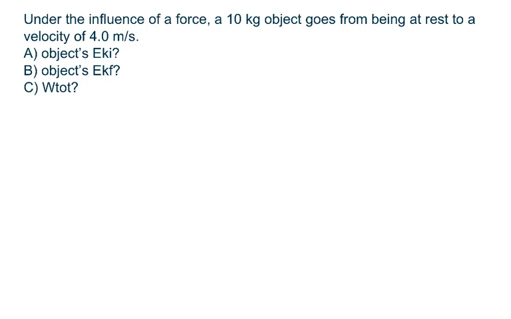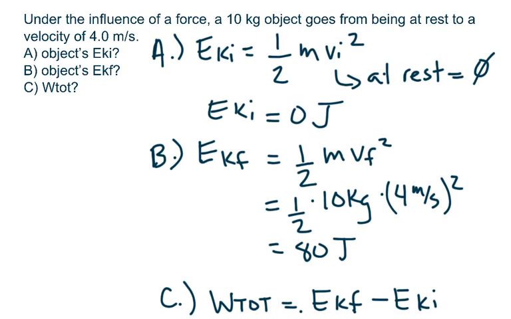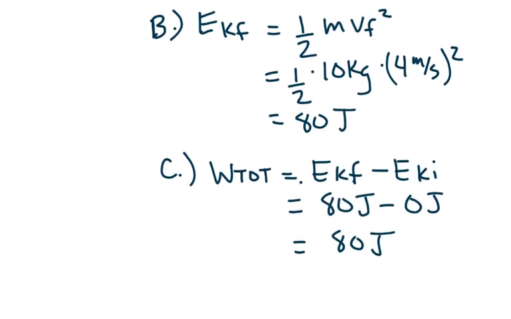I'm going to let you work this out for a bit, and then I'm going to input some variables. If you want to pause it now and work through it, I'm going to put the answer key up in a second. If we look at this, because it's at rest, that automatically tells us there's no initial kinetic energy. We can solve for the final kinetic energy, and it's simply the difference between the two.